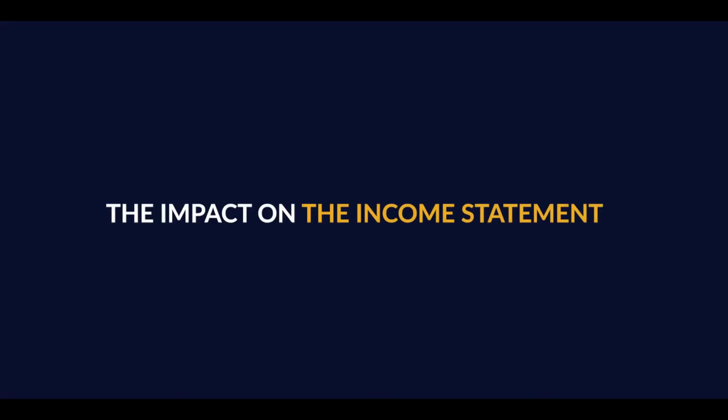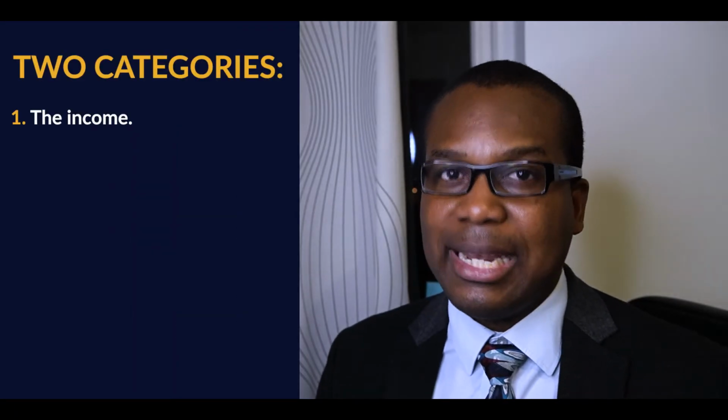All right. Now let's look at the impact on the income statement. We've mentioned that if a customer does not pay us, we assume it to be bad. When we assume it to be bad and we create a bad debt account, that goes to the trial balance and eventually to the income statement as an expense. The income statement is divided into two categories, the income and then the expense.